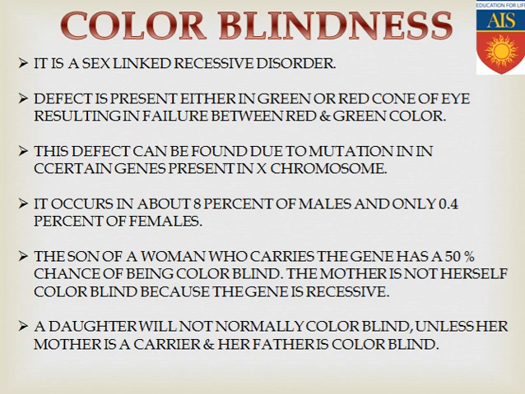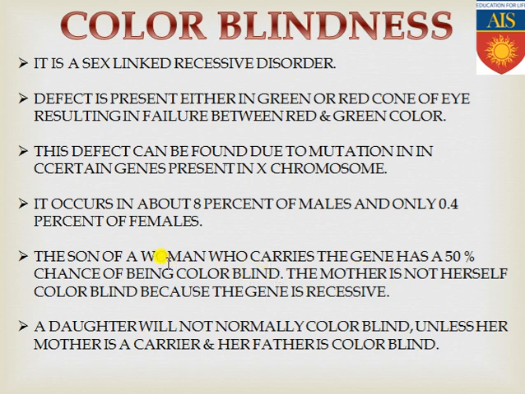So the son of a woman who carries the gene has a 50% chance of being colorblind. Obviously, when a woman is having the colorblind gene in only one X chromosome, whoever the offspring will be getting that specific colorblind gene containing X chromosome, they will be getting affected only. The remaining will not be getting affected because they are getting the fresh wild type X chromosome.